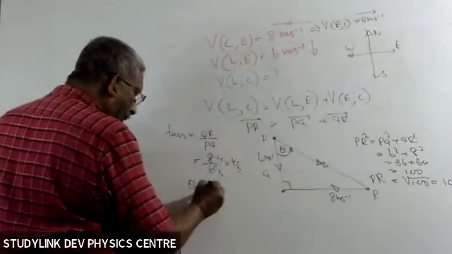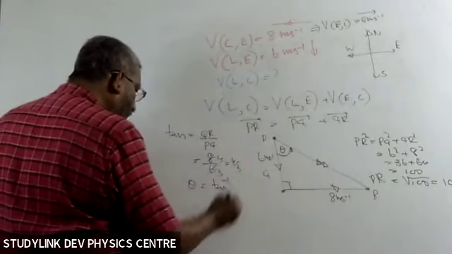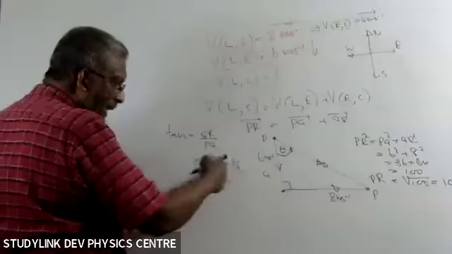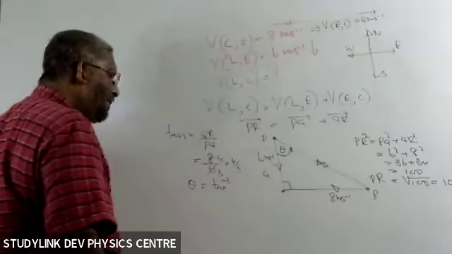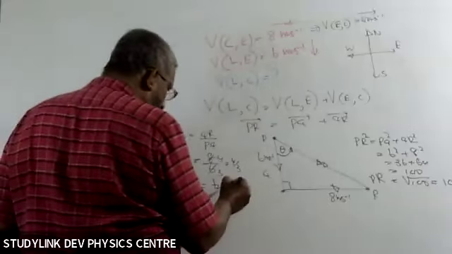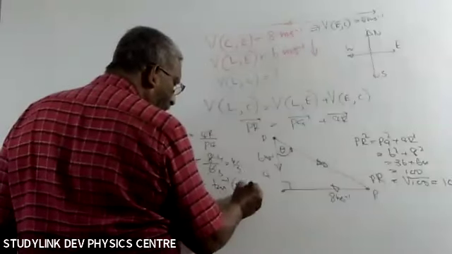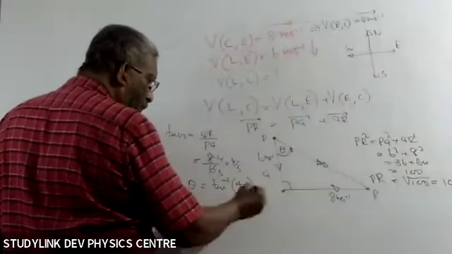Then theta is equal to tan inverse of 4 by 3. There is no need to find the value from the book.